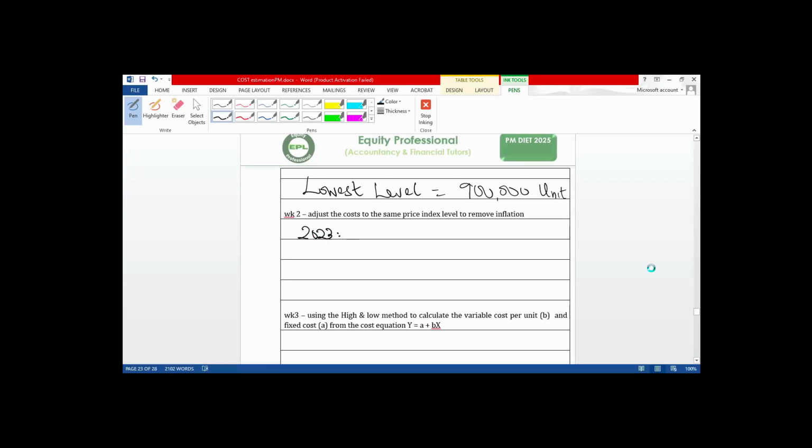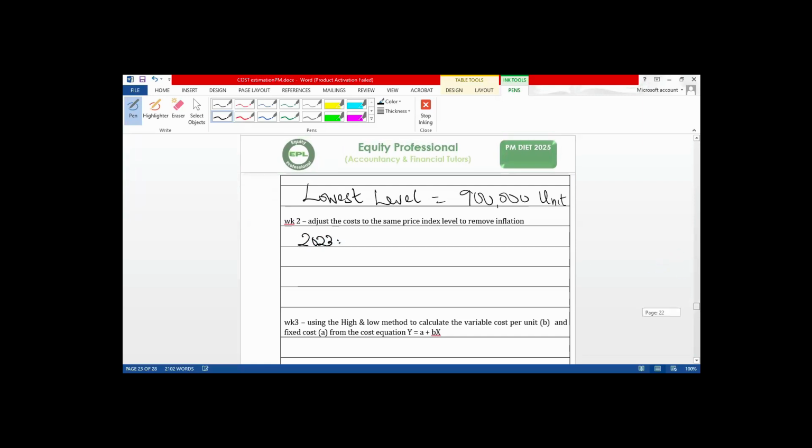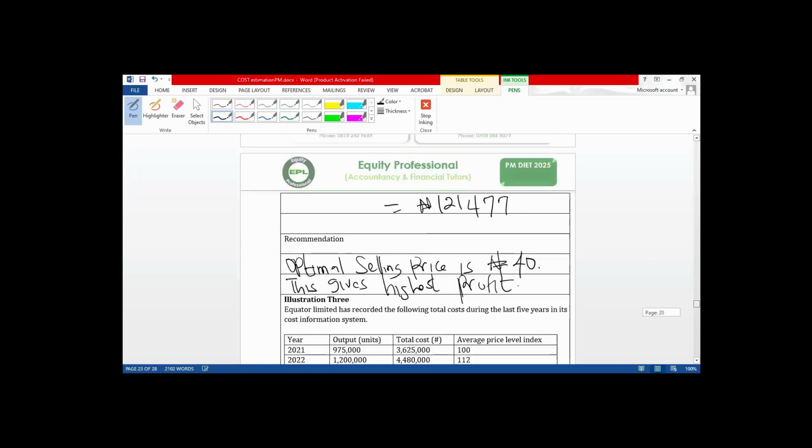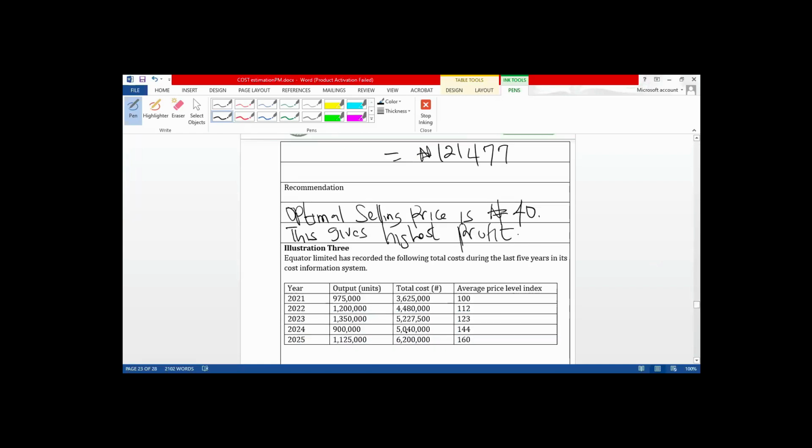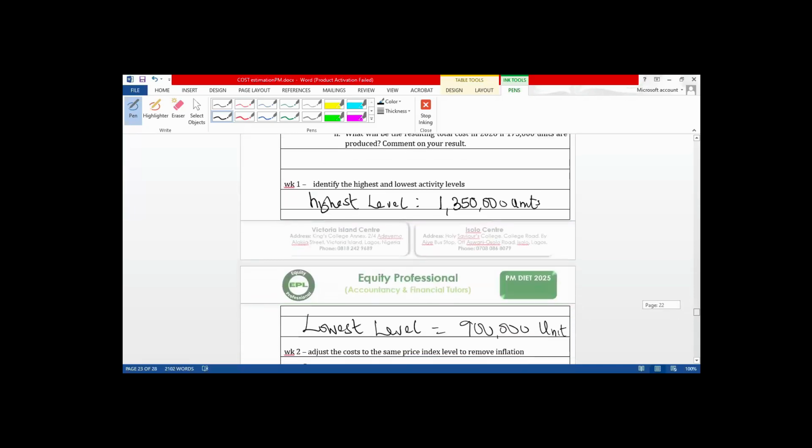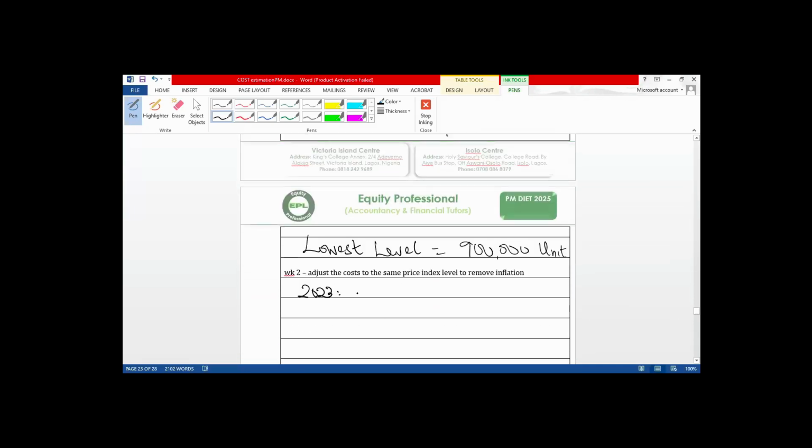In 2023, what is the cost here? That is where you have the highest level. We are picking that because that was the year we produced the highest production. So I have $5,227,500. Pick that.